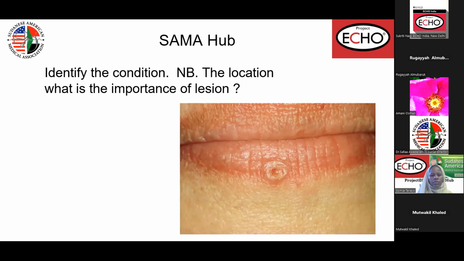I want you to identify the condition and notice the location. What is the importance of the lesion if you look at the location here?